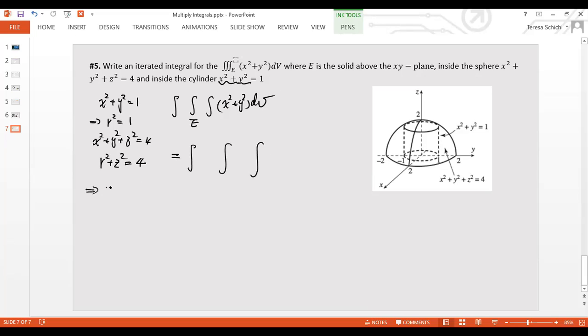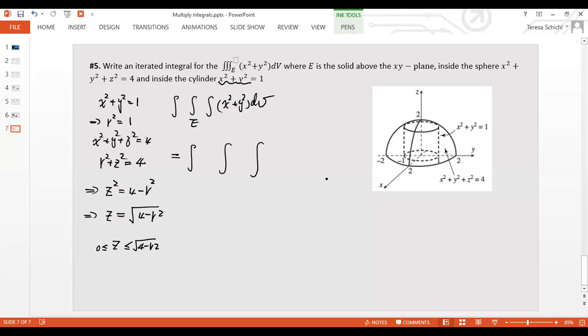So z squared is equal to 4 minus r squared, correct? Then you take the square root. z is equal to positive or negative square root of 4 minus r squared. And here we take the positive because it's above the xy plane, right? Okay, so I know z is from 0 to square root of 4 minus r squared here.